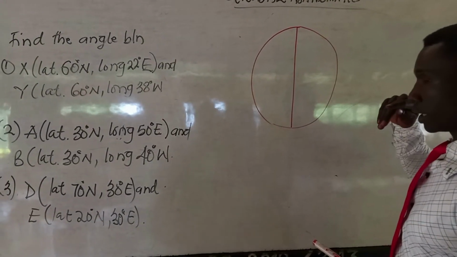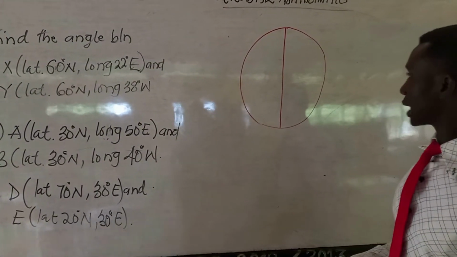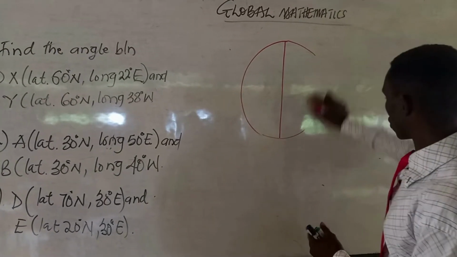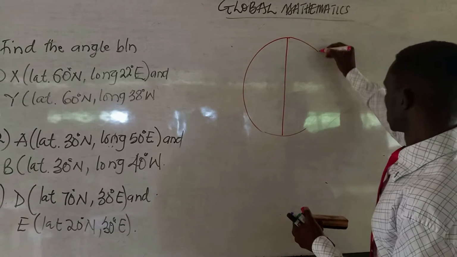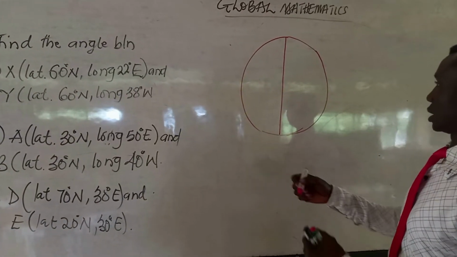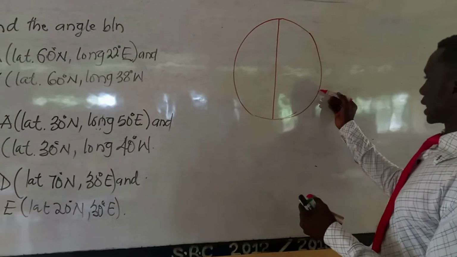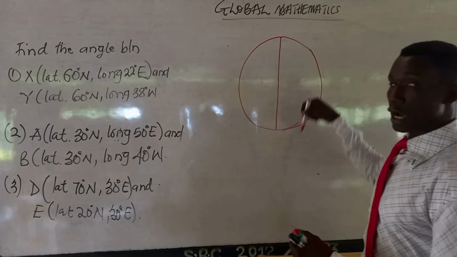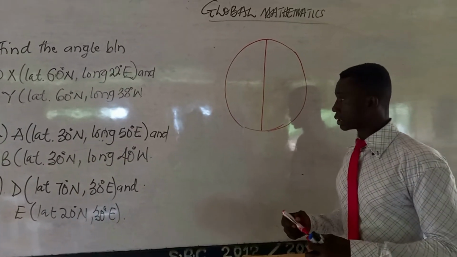Then, we have imaginary lines that are drawn from north to south, and those imaginary lines are called longitudes. They are drawn from north to south, and we have those that are drawn from east to west, and they are called latitudes.